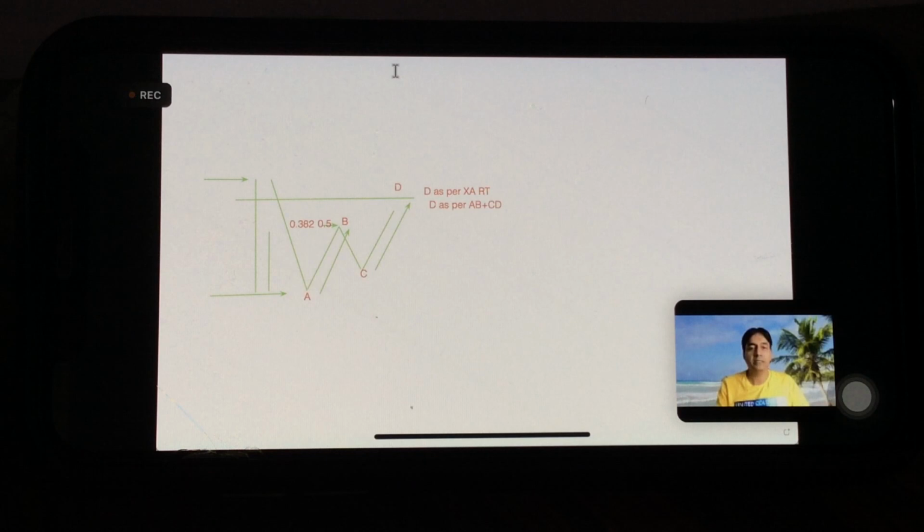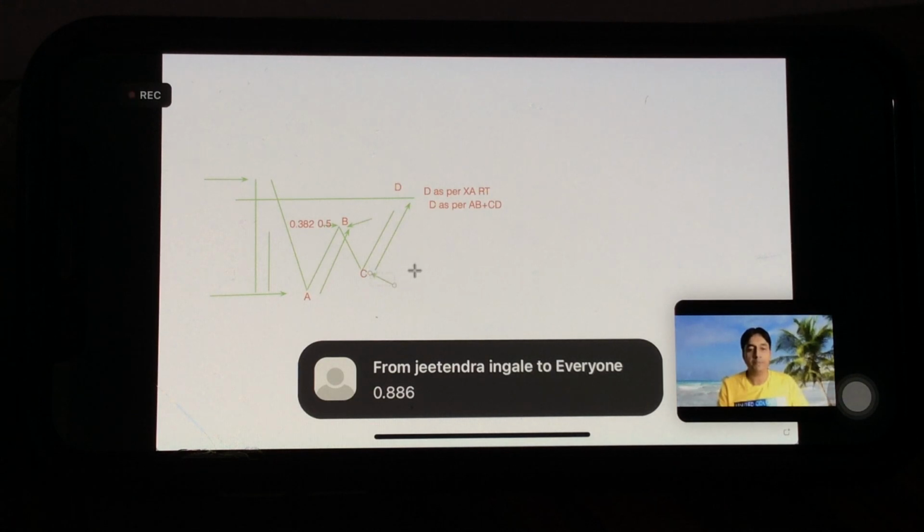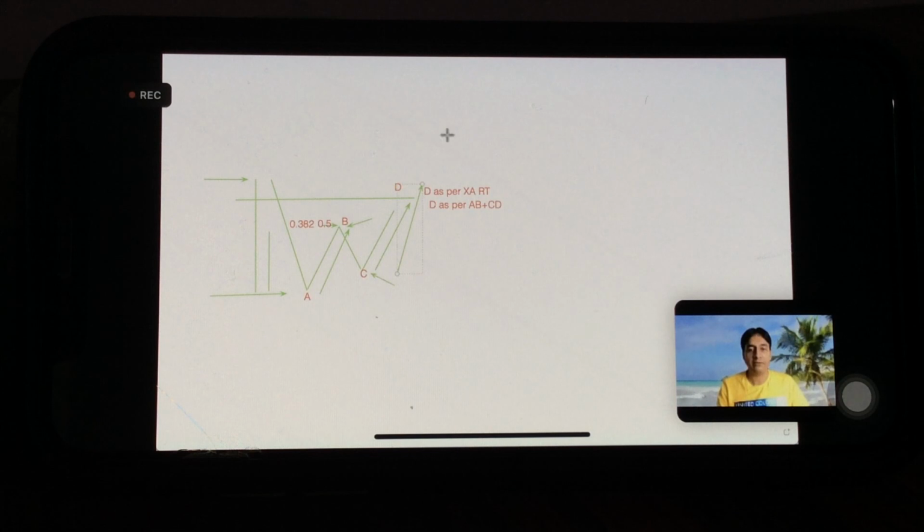And third is we plot Fibo from B to C and we check for projection. So that projection will be D as per BC projection.